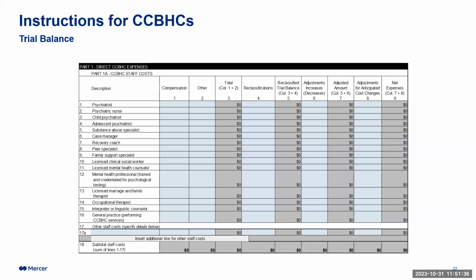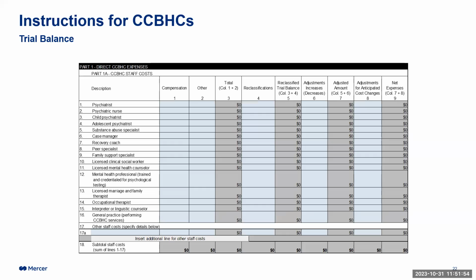This is one of the items where a lot of detail will need to be provided. To the extent you're adding specific staff, we would like to see some staffing assumptions, members per person.